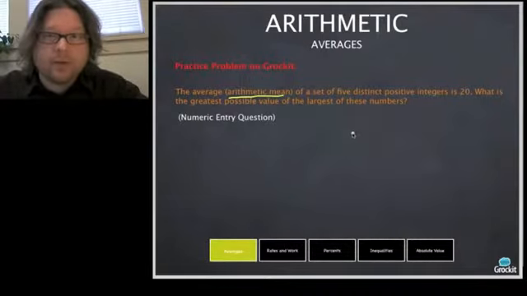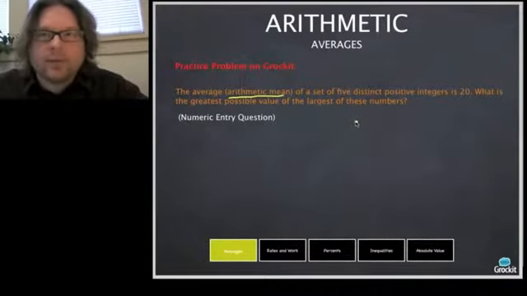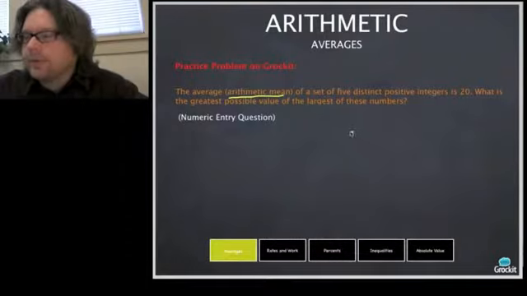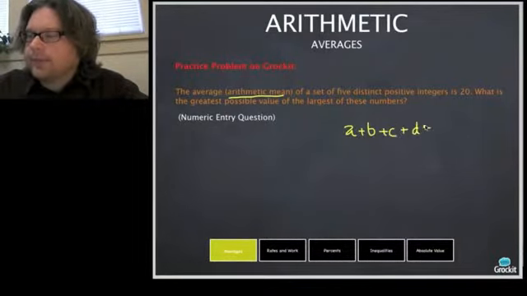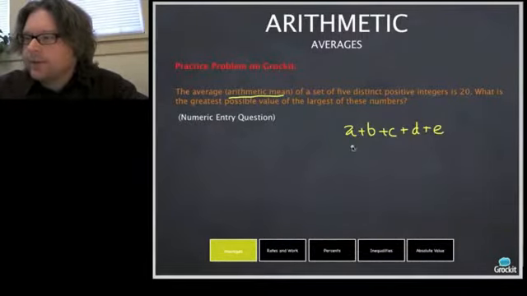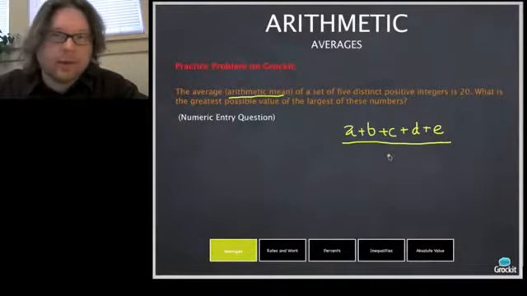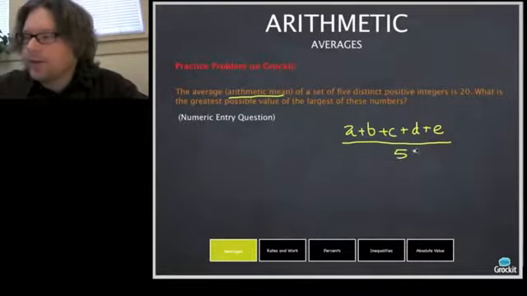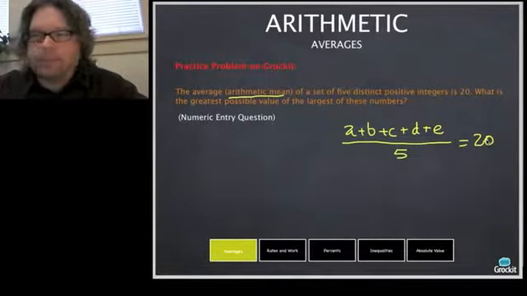So we can use variables for all of them, and these distinct variables will stay separate. So if we do A plus B plus C plus D plus E, that's 5 variables for 5 numbers. And we know that the average of those 5 numbers is 20.